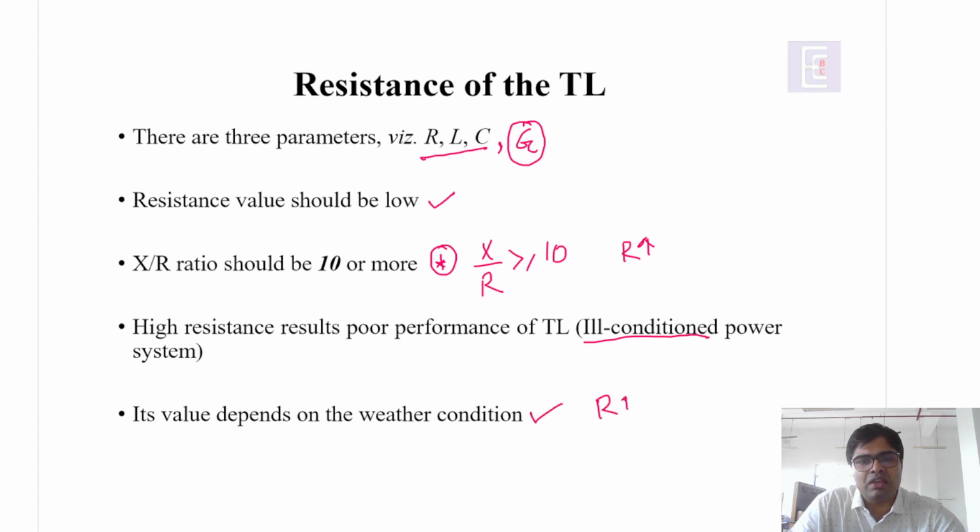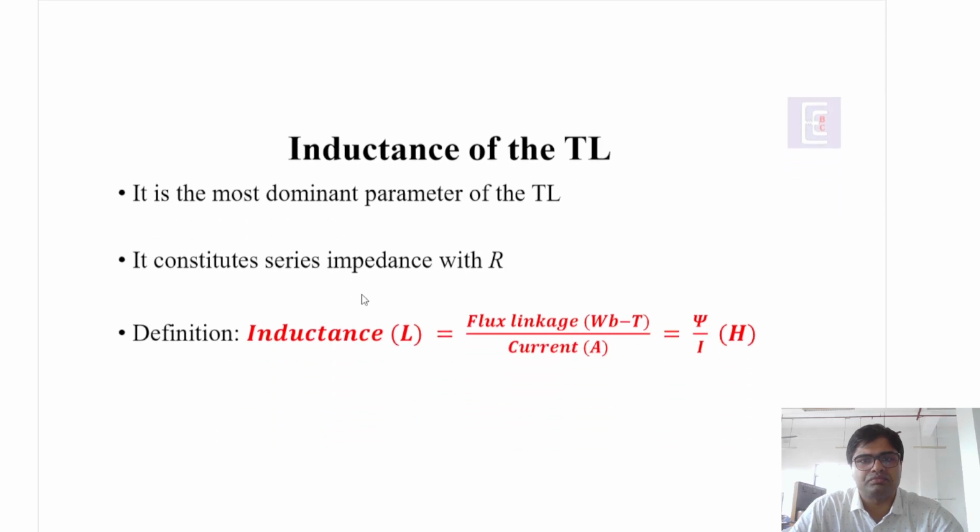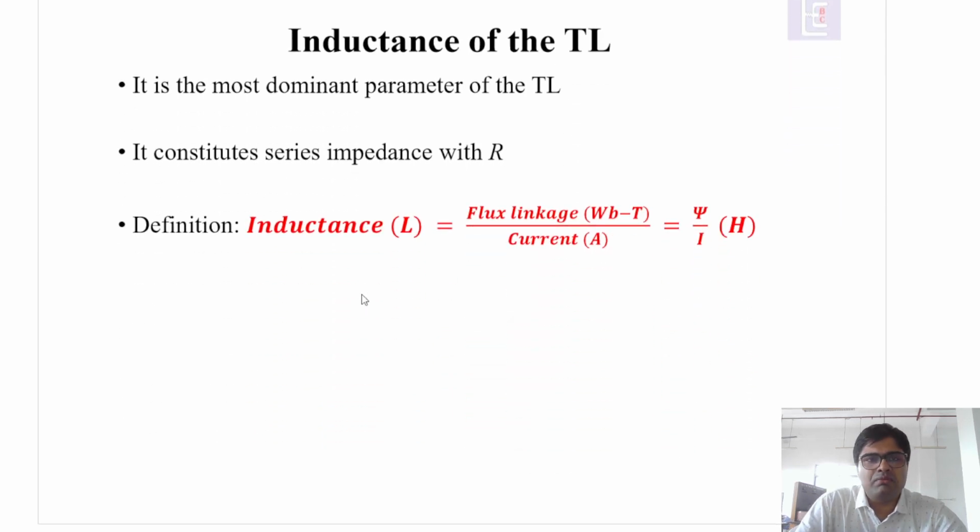R goes high in summer and R goes low in winter, as temperature is a sensitive factor in determining the resistance value. Now coming to the most dominant parameter of the transmission line, that is inductance.